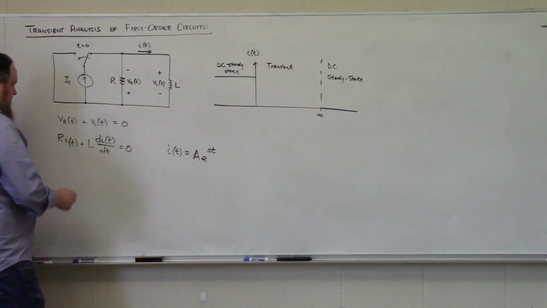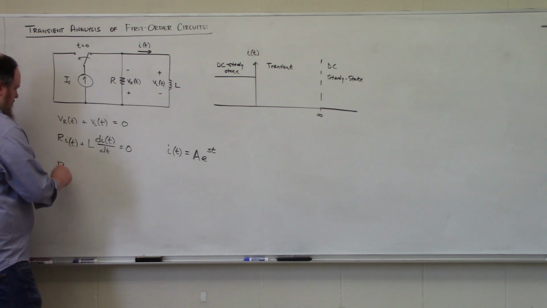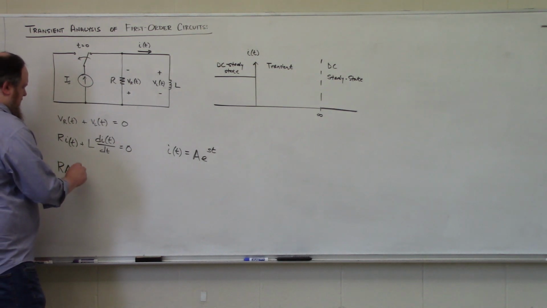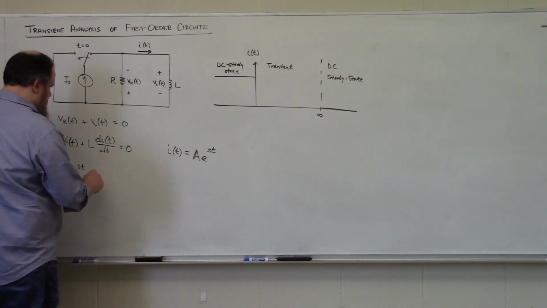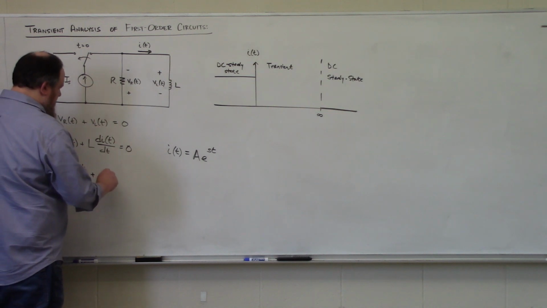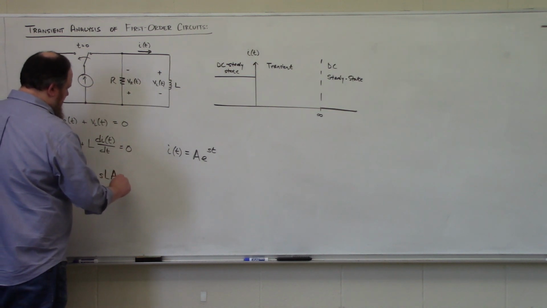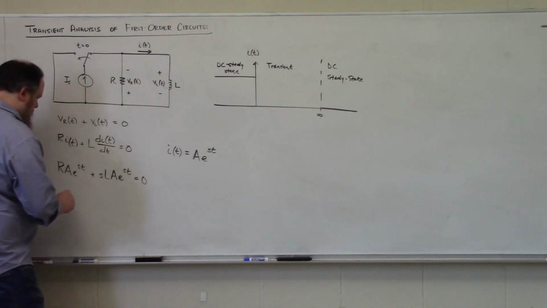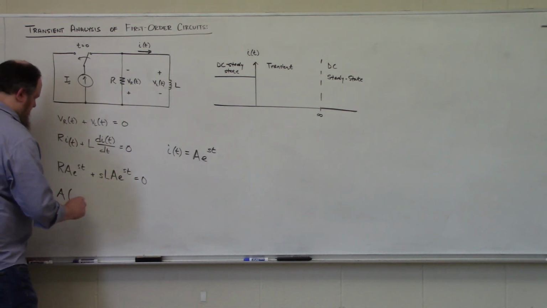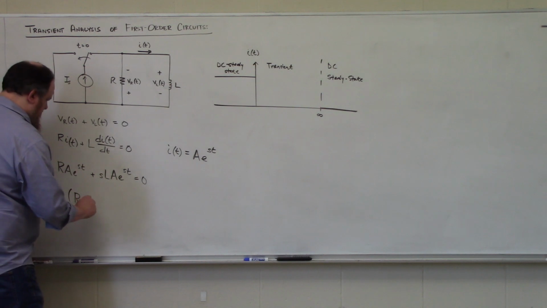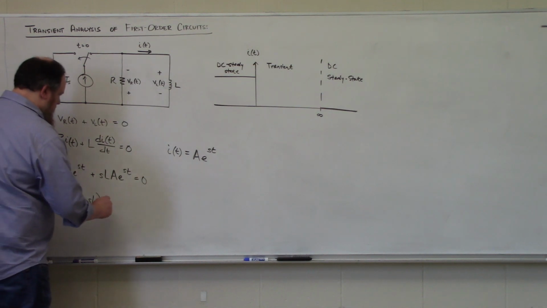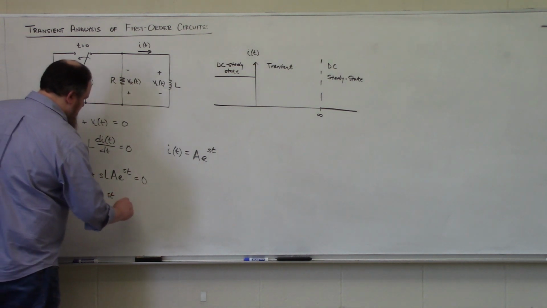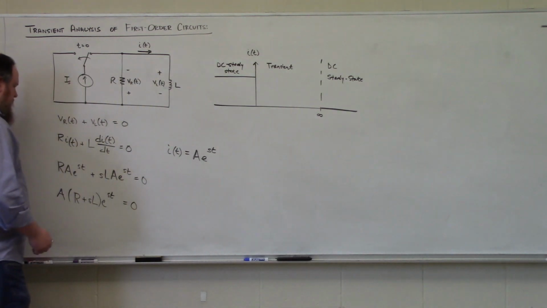If we substitute in our guess value, we get R A e^(st) plus sL A e^(st) is equal to 0. We factor out the common factor of A. We get (R plus sL) e^(st) is equal to 0.